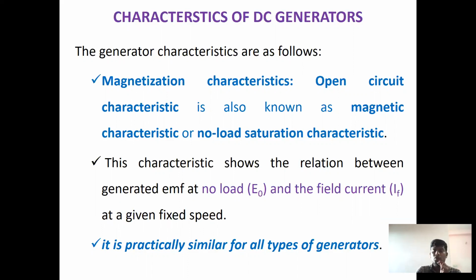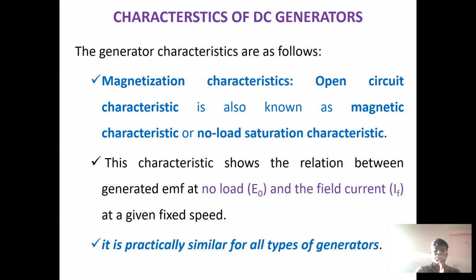It is also called the no load saturation characteristics, because these characteristics are plotted between no load induced EMF and field current. These magnetization or open circuit characteristics are, in practice, the same for all types of generators.